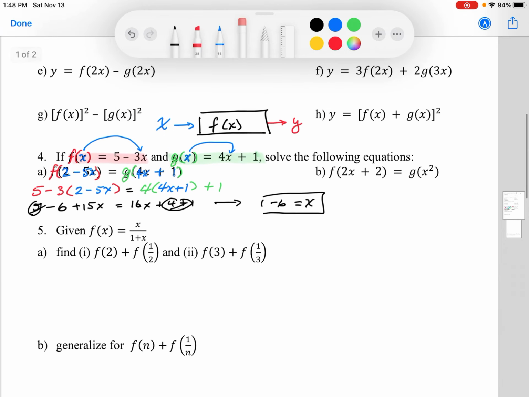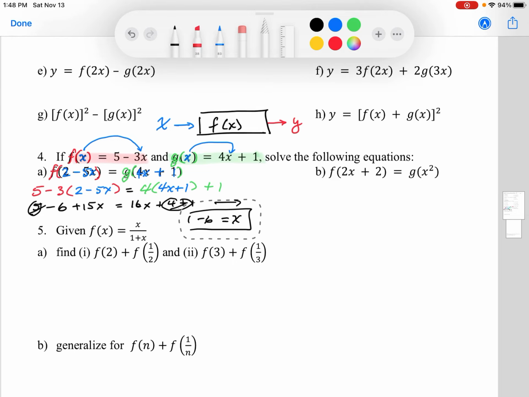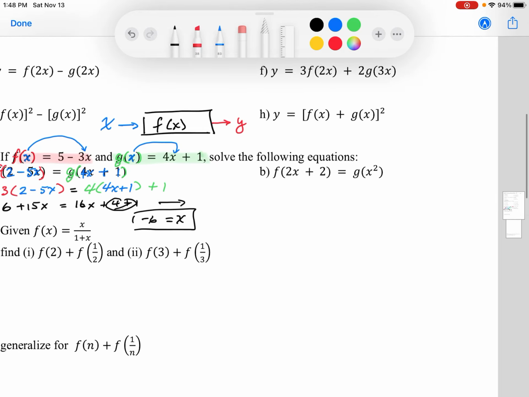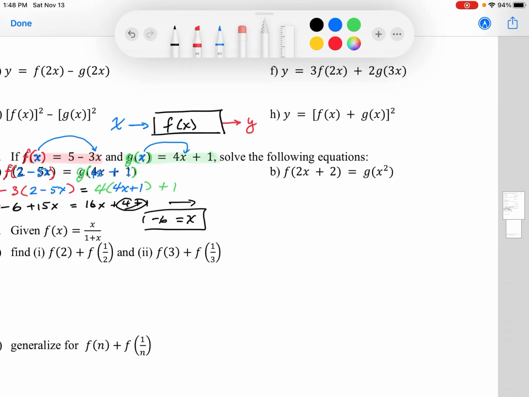Okay. So this next part here, I'm just going to move this over so I have room to work. For part B, we're going to do the same thing. We need to first identify the outside part of the function. So this is my f. Okay, so then I go to my f expression originally. That's this part over here.